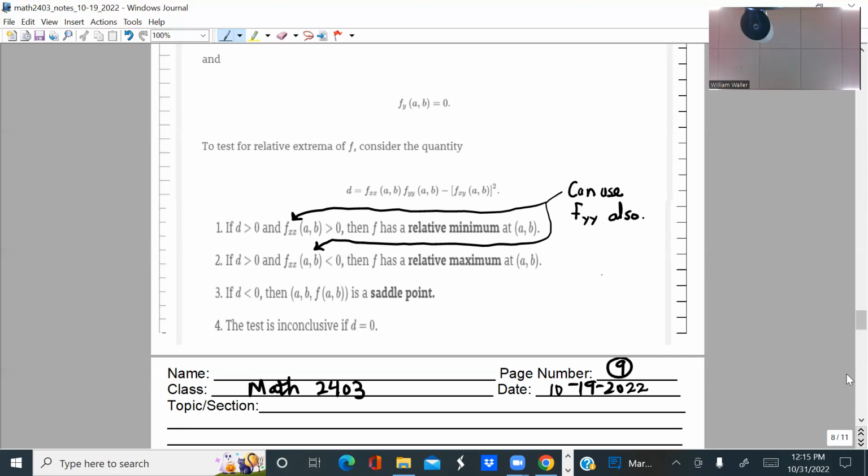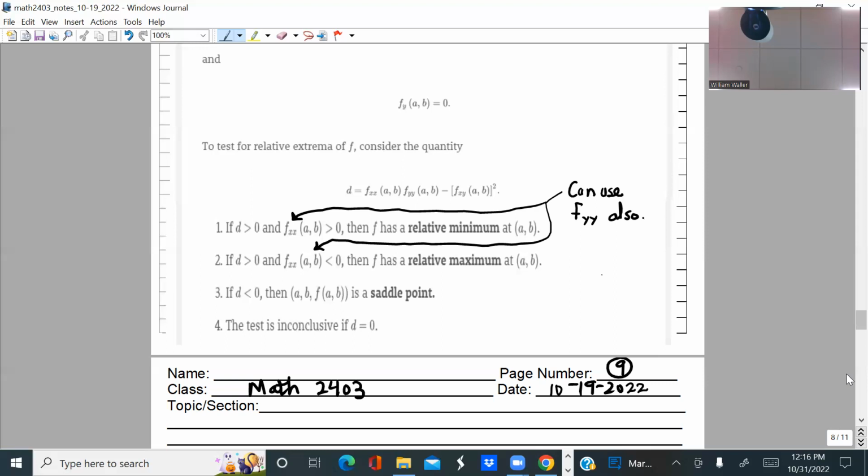By the way, remember the mixed partial derivative. This says x first, y second, but you can do y first and x second, because remember, those are the same. It turned out. All right, so what does this test now tell us?